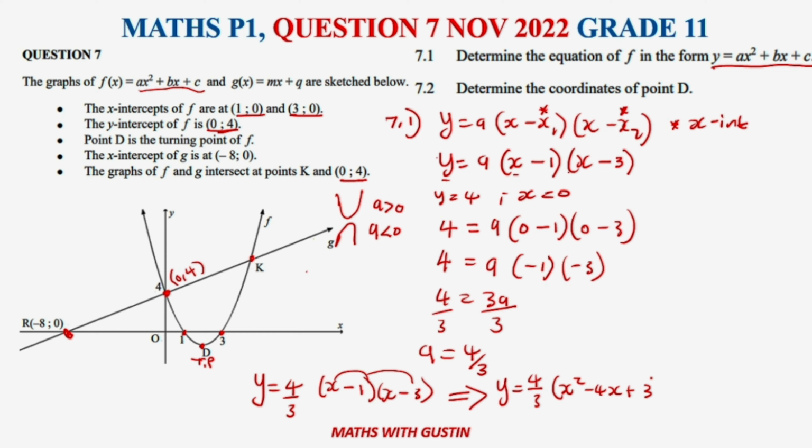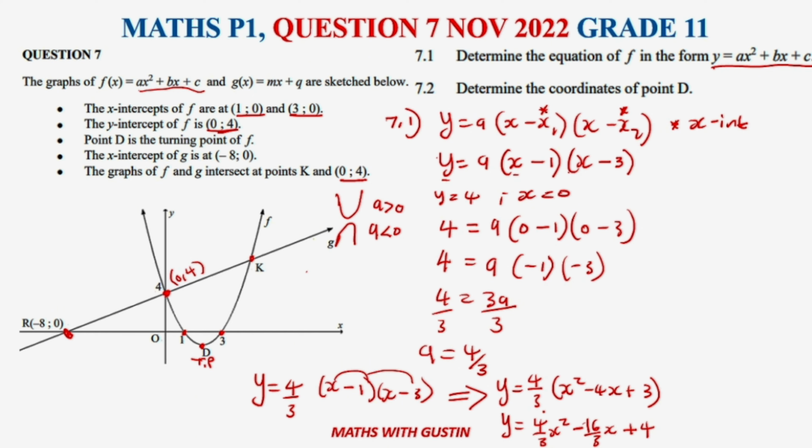Multiplying throughout by 4 over 3 gives us 4 over 3 x squared, minus 16 over 3 x, and 4 over 3 times 3 gives us plus 4.